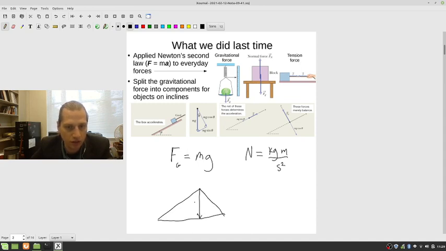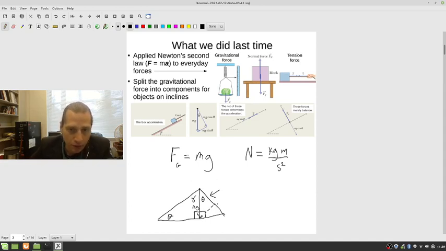We can find out what this angle is because we have a similar triangles issue, and then we want to split up this gravitational force, this mg, into a component that is perpendicular to the surface, and that will be counteracted by the normal force of the surface pushing back on the block.